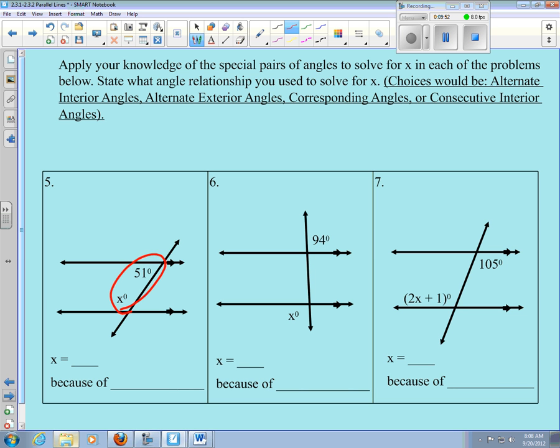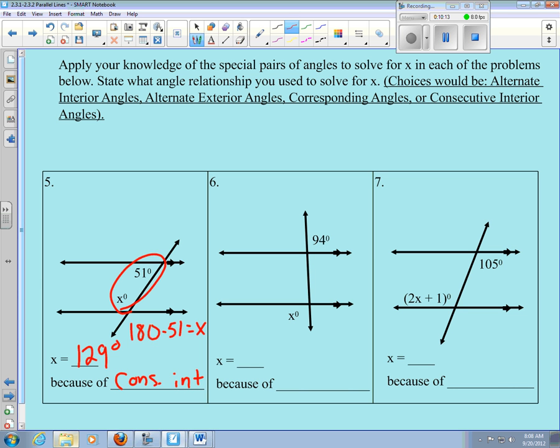If I remember back from my 4 statements above, consecutive interior angles are supplements. So 180 minus my 51 is going to find me my x, and x ends up being 129 degrees because of consecutive interior angles, is what we stated. Okay, I want you to try 6 on your own.